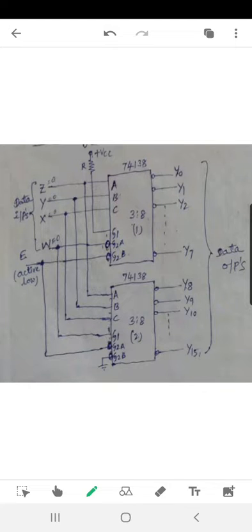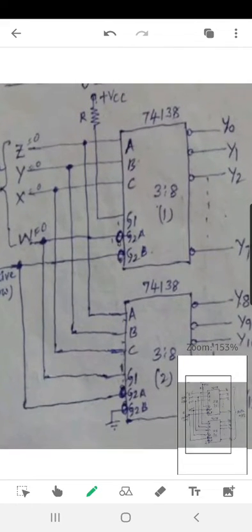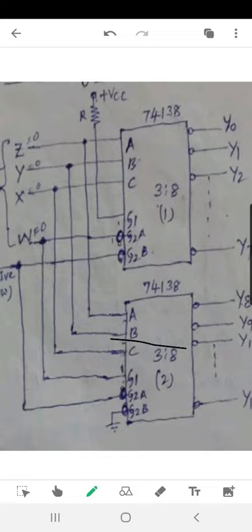So this is our 3 to 8 decoder. We know that these 3 to 8 decoders have input lines ABC, so there are input lines ABC for both decoders. The enable pins for our first decoder are G1, G2A and G2B, and similarly for the second decoder.